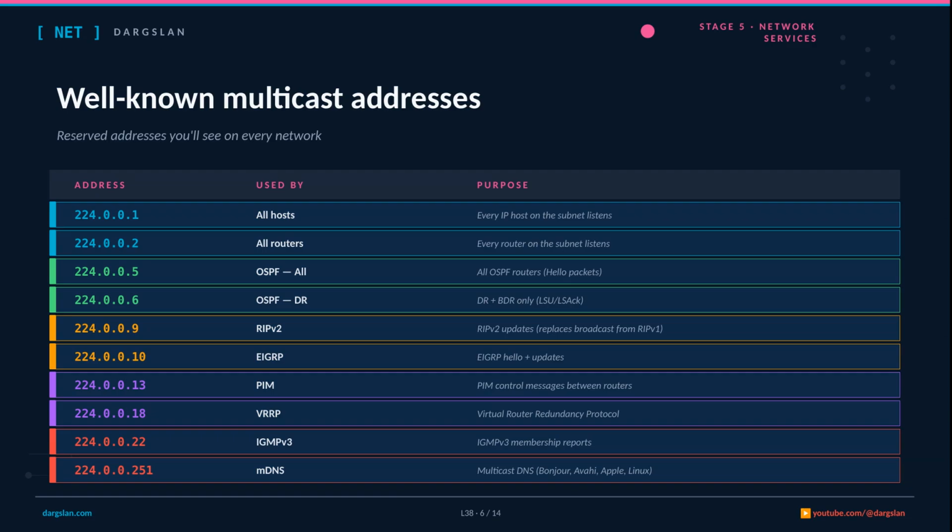RIPv2 sits on 0.9 and EIGRP on 0.10. PIM itself uses 0.13 to coordinate between routers. VRRP takes 0.18 for gateway redundancy. IGMP v3 reports go to 0.22, and 0.251 is mDNS. That's what Bonjour and Avahi use for service discovery on your local network.